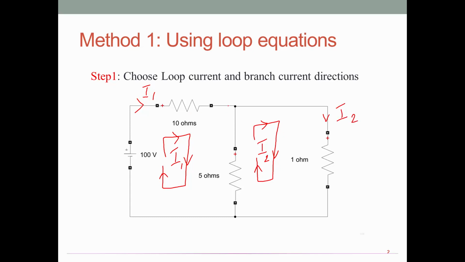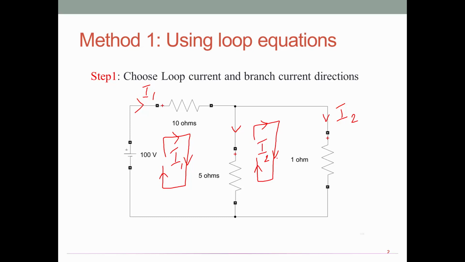Now coming to the 5 ohm branch, two different loop currents are flowing in the 5 ohm branch. In fact, both I1 and I2 are flowing. So we have to fix the direction here. Based on the fixed direction, we have to choose the branch current. Say for example, I am fixing the direction downwards. That means I am assuming that I1 is greater than I2 because I2 is flowing in the opposite direction.